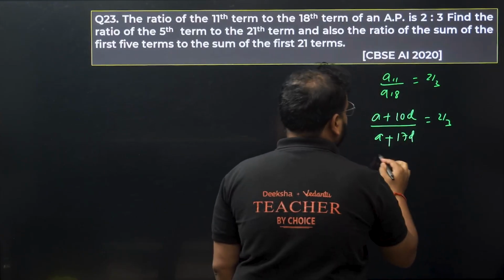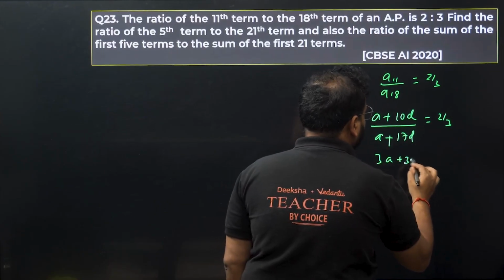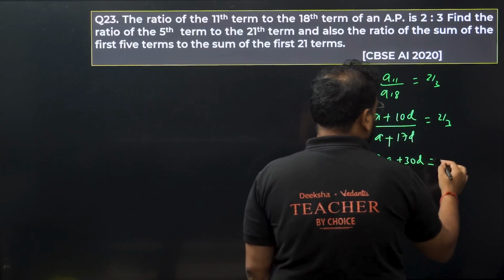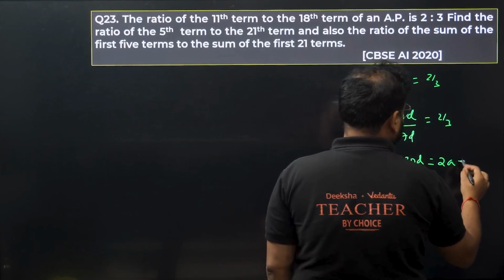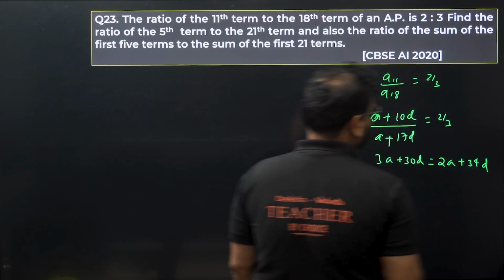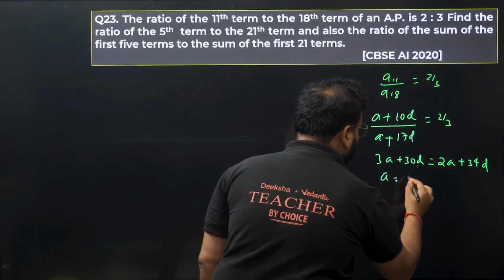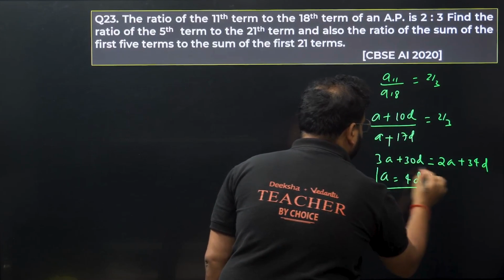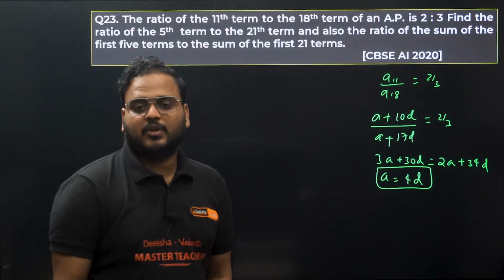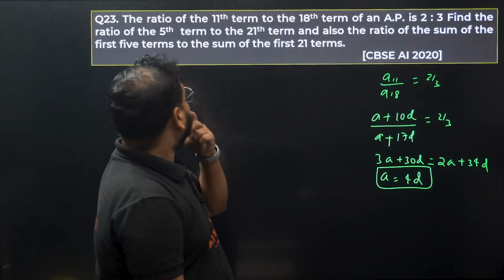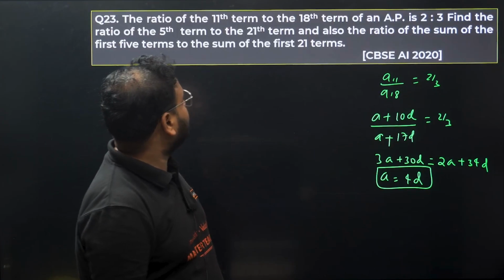Cross multiply. I get 3a plus 30d equals 2a plus 34d. Bring this 2a over here, 30d over there. I get a equals 4d. I got the relation between a and d now, the first term and the common difference.